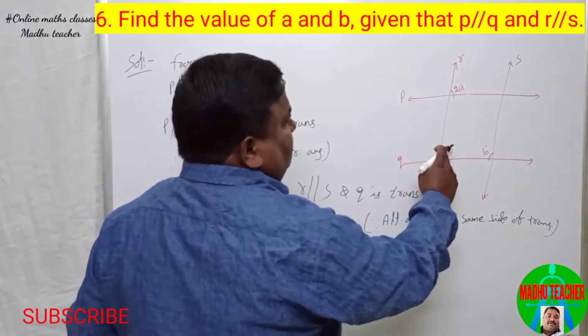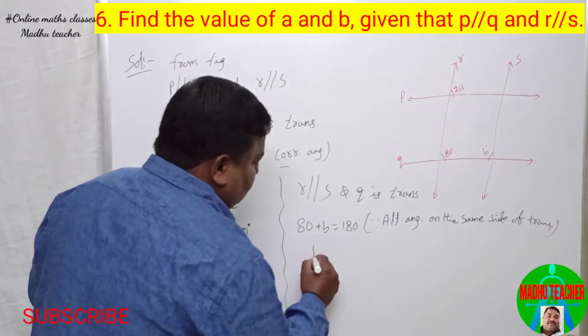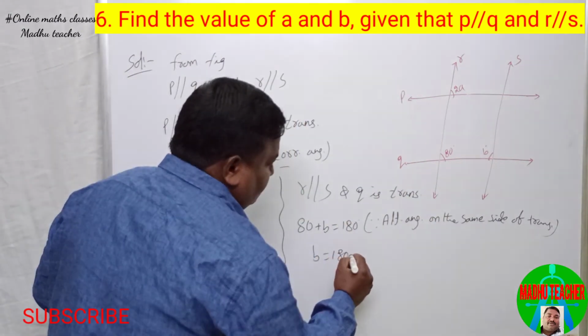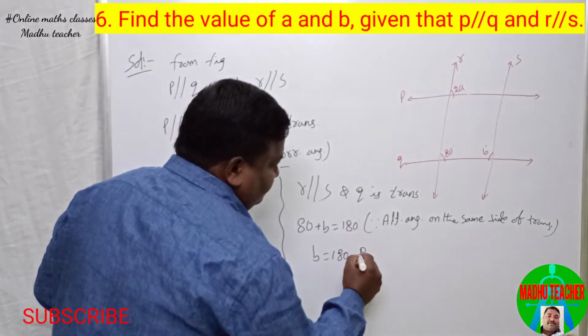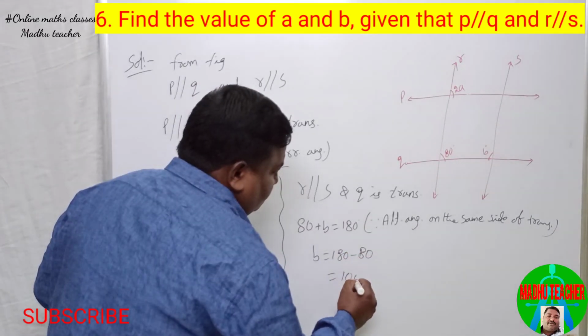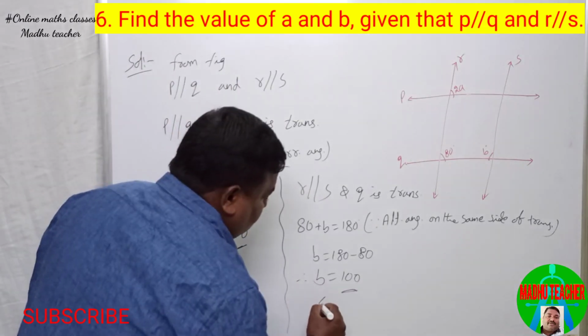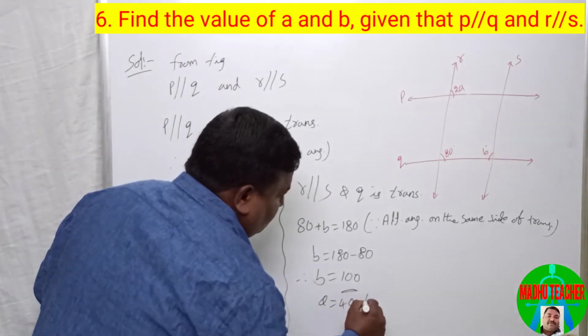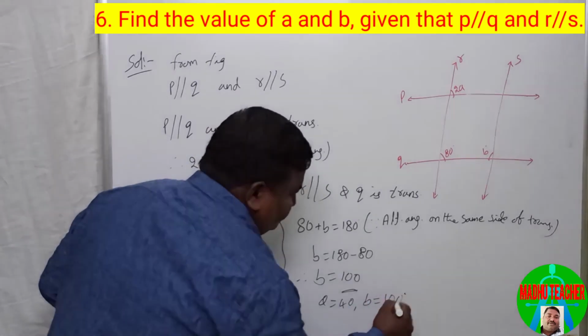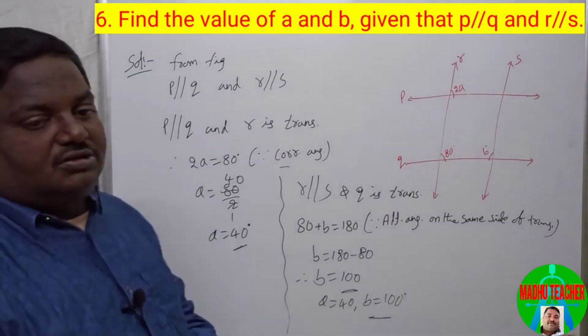Therefore 80 plus B equals 180. So B equals 180 minus 80, that equals 100. Therefore B equals 100. So A equals 40 degrees and B equals 100 degrees. So this is the sixth one.